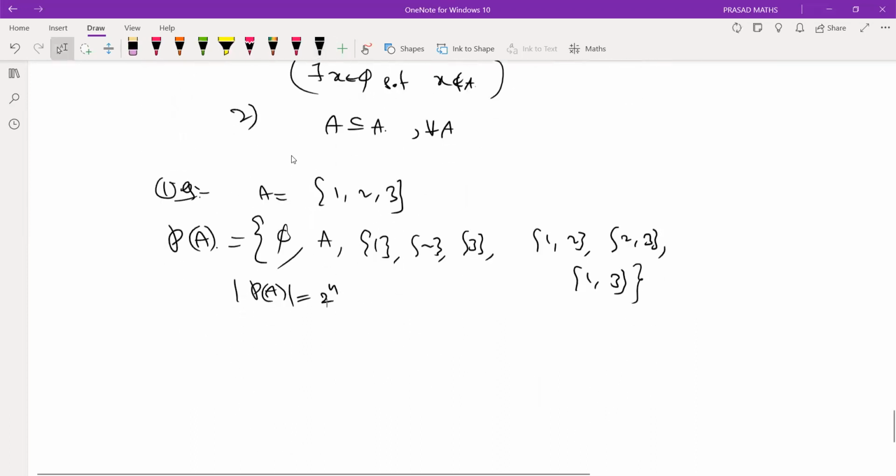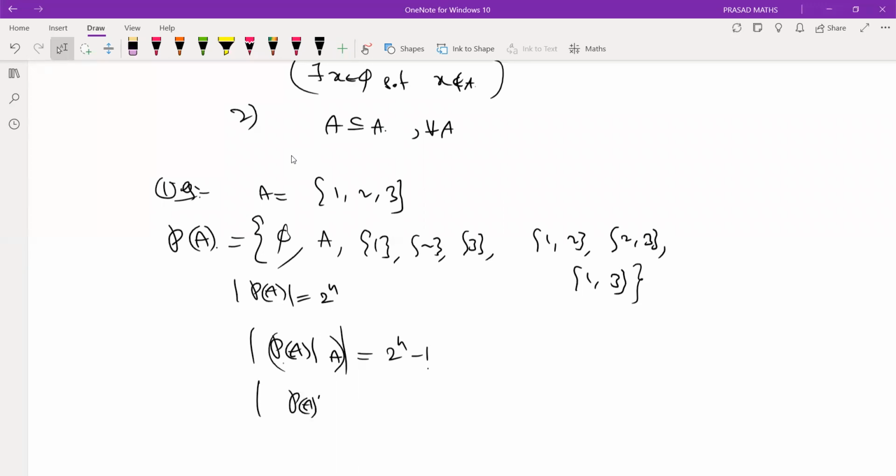What is the cardinality of the power set minus the set itself? 2 power n minus 1, because the set A is deleted. This is set difference, which we'll cover later. What is the cardinality of the power set minus singleton 1? Also 2 power n minus 1.